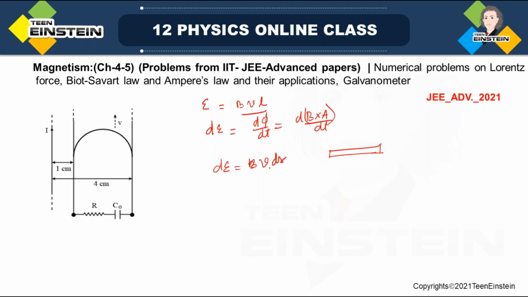You might be remembering when a spoke is rotating and magnetic fields are perpendicular to this, we considered that at distance r we have taken a small stripe of thickness dr.